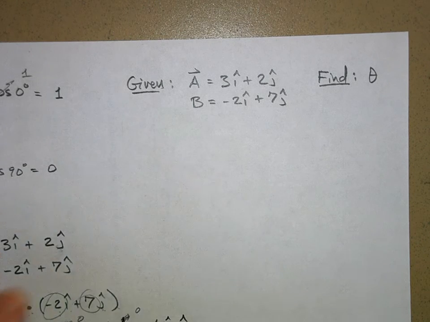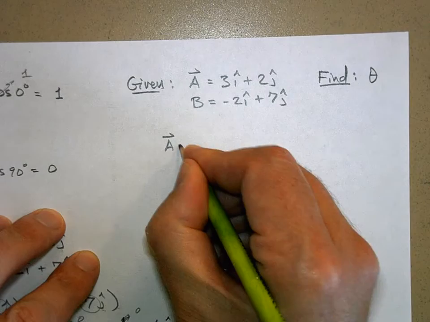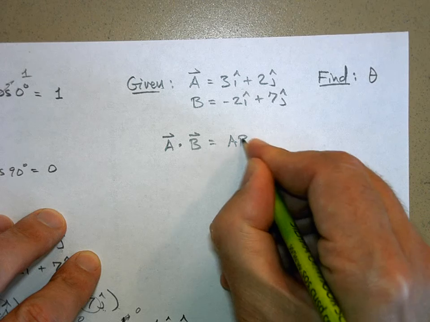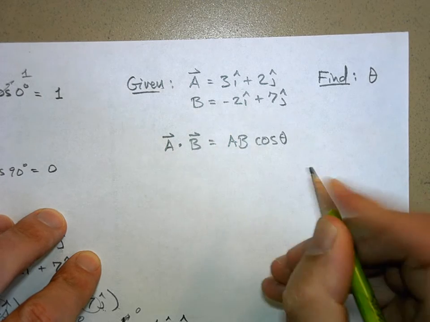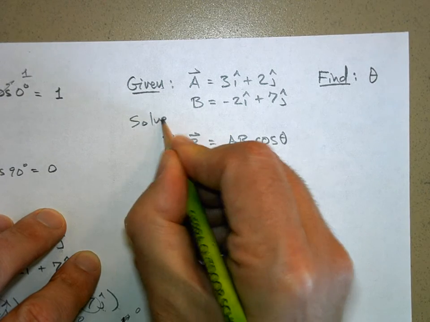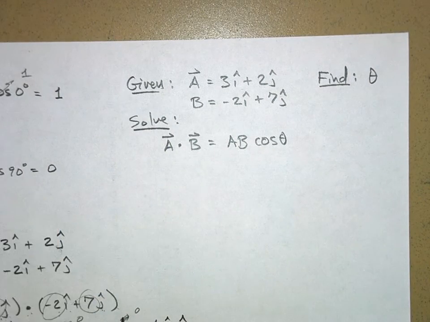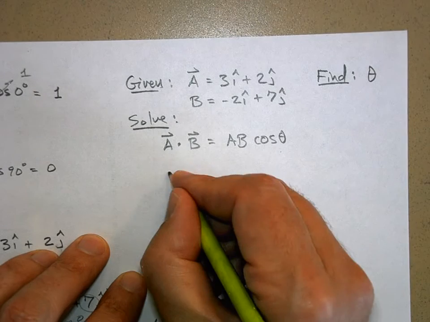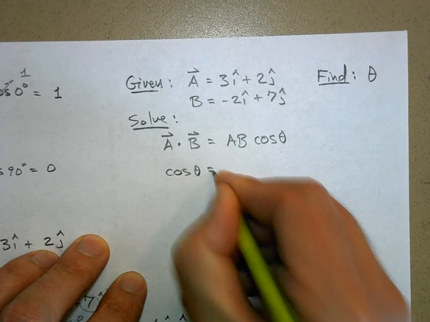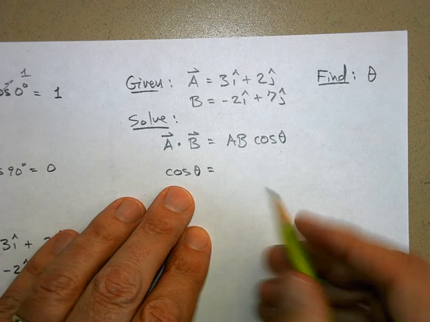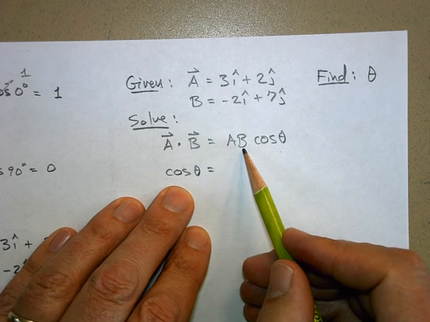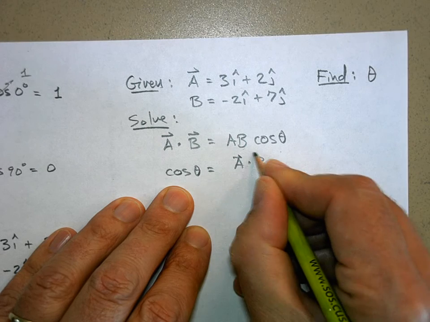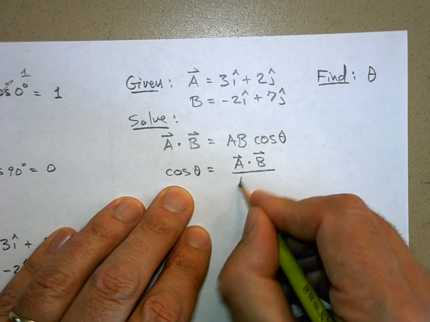We can say A dot B is equal to AB cosine theta. Just solve for the angle here. Cosine theta is equal to A dot B over A times B.